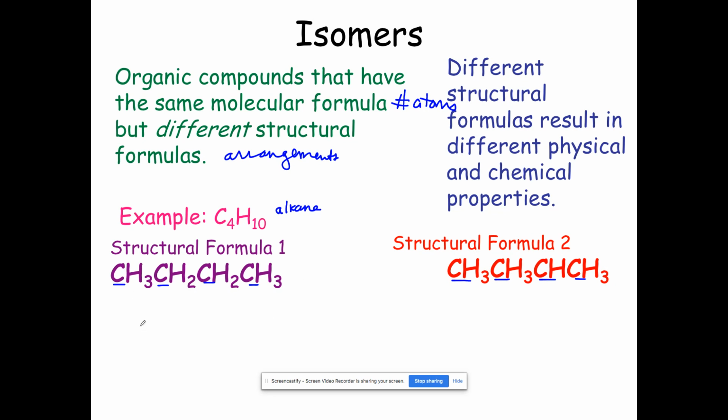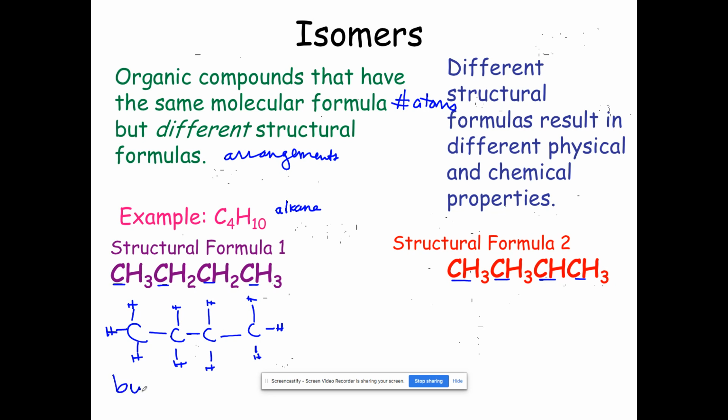So we start with a CH3, CH2, CH2, CH3. Now, later today, you're going to learn how to name that. But for right now, I'm going to tell you meth, eth, prop, but. This is butane.